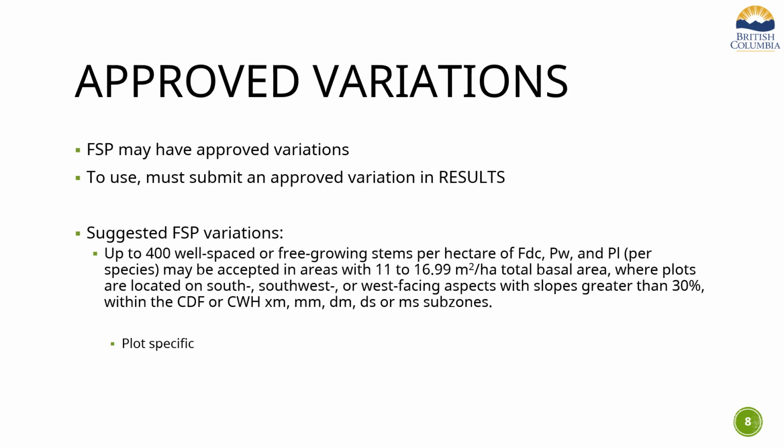It allows for up to 400 stems per hectare, well-spaced or free-growing, of fir, pine, and lodgepole in areas with 11 to 16.99 total basal area if the plot has a south, southwest, or west-facing aspect with a slope greater than 30%, and it's located in the CDF or CWHXM, MM, DM, DS, or MS subzones. Now, this variation is plot specific. It would only apply at the specific plots that meet these conditions. It doesn't automatically apply to your whole stratum.